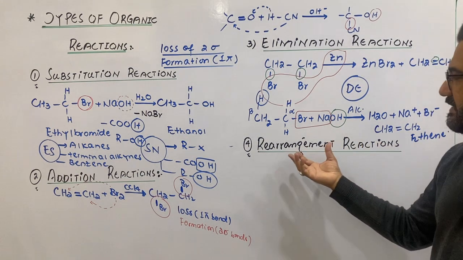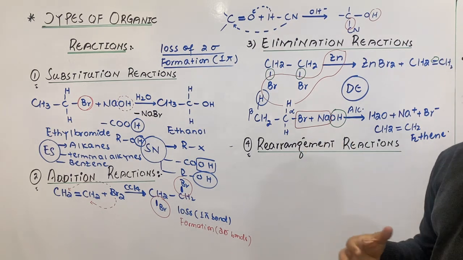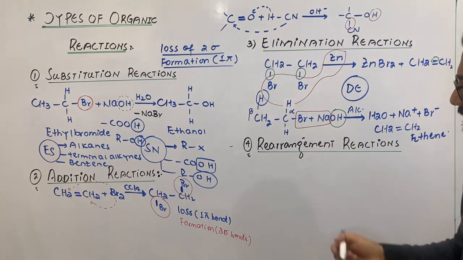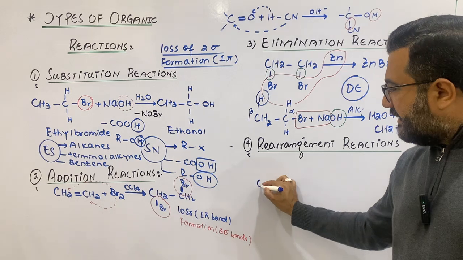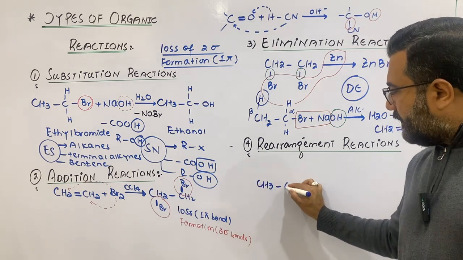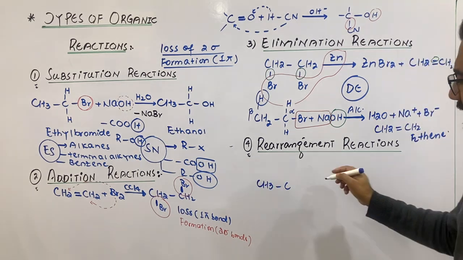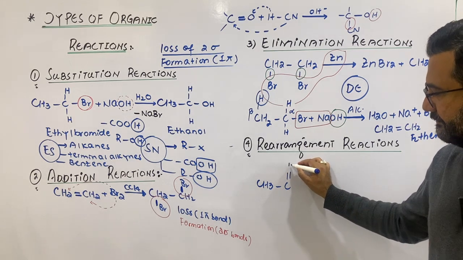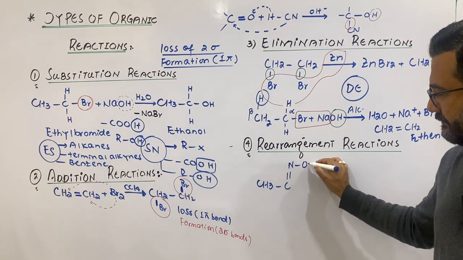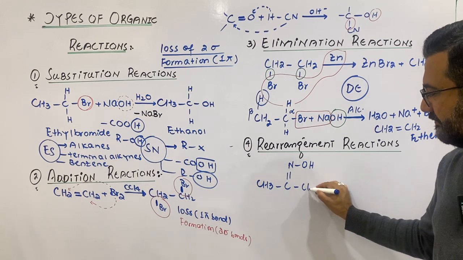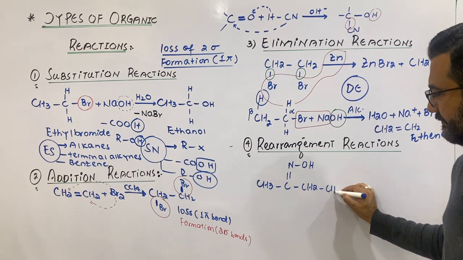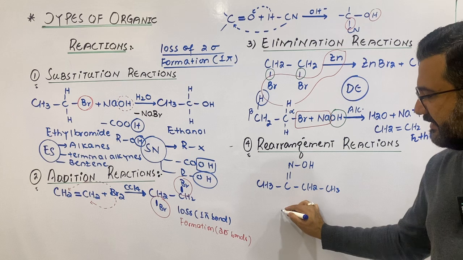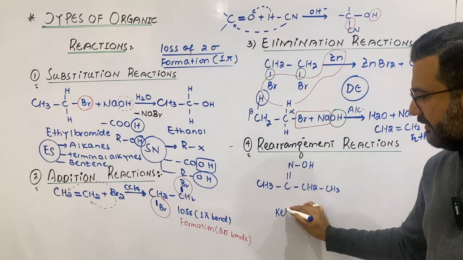As the name itself indicates, that in these reactions there will be just rearrangement of some groups, just like tautomerism is also an example of the rearrangement reaction. And here we will be talking about this example. That is basically a ketoxime.